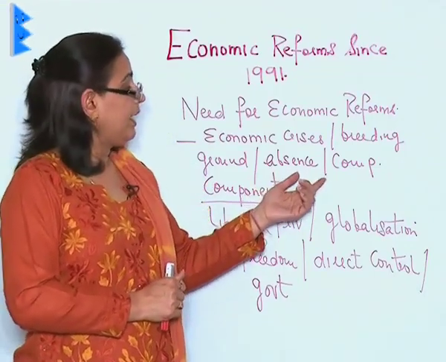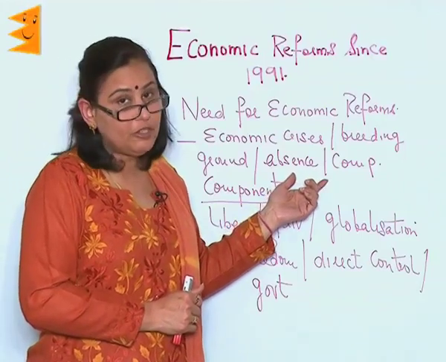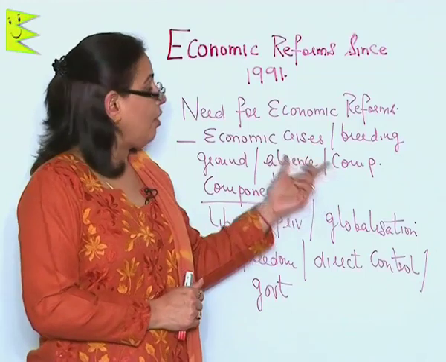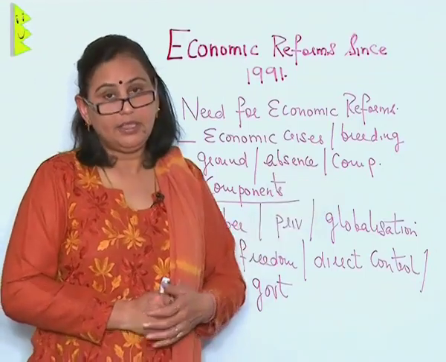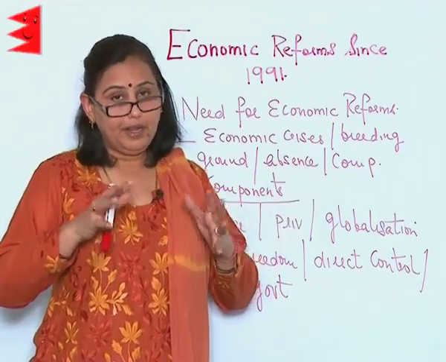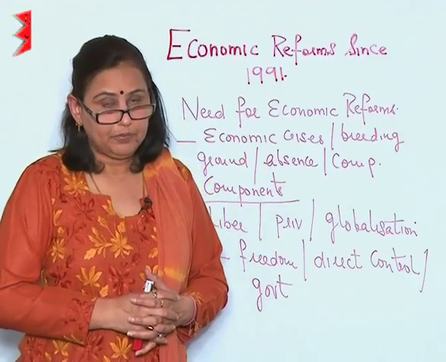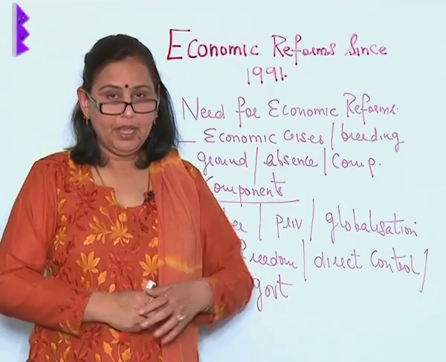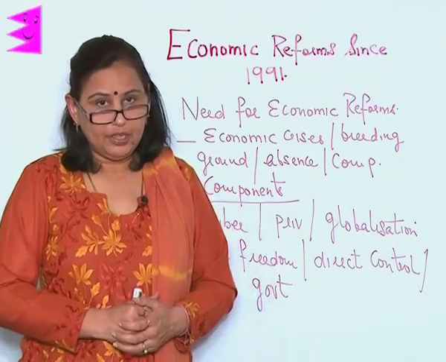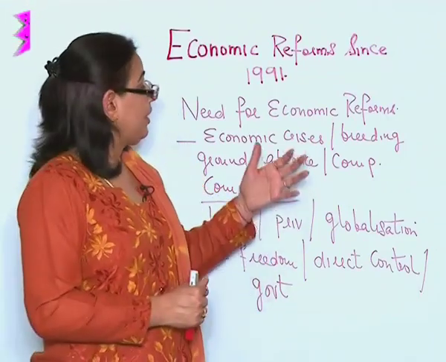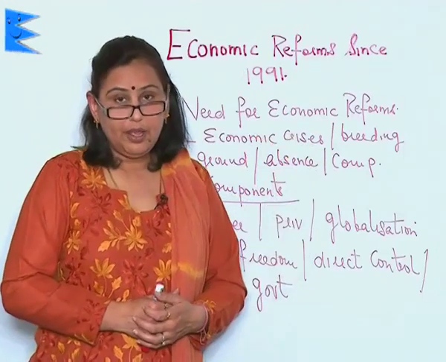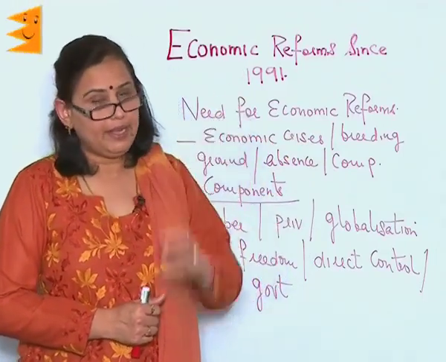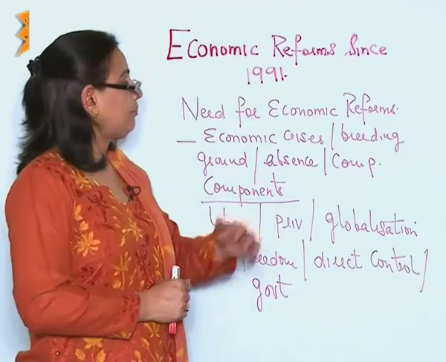We also see that due to the absence of private entrepreneurs, there was no competition amongst the people in the production units. Thus, it became a slow economy, an economy that lacked competition, an economy which had a lot of corruption, an economy where there were only public enterprises.